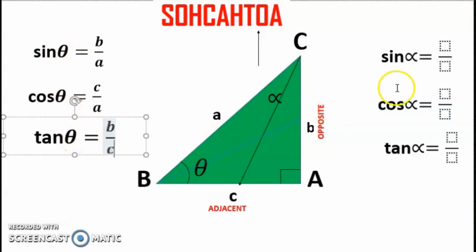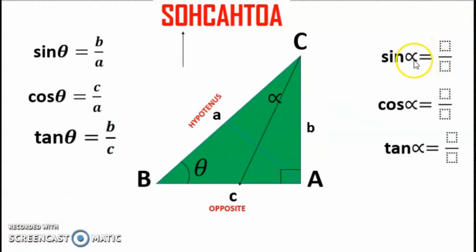You can pause the video and try to fill up the remaining three using alpha as the angle under consideration. Let's see what you have.